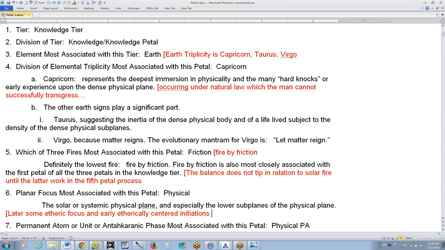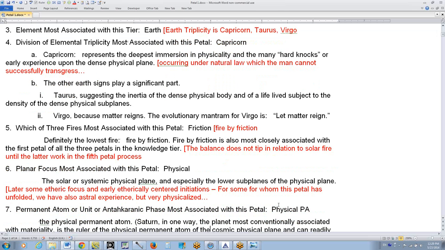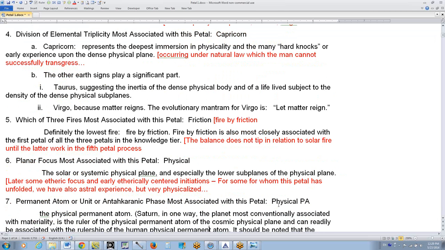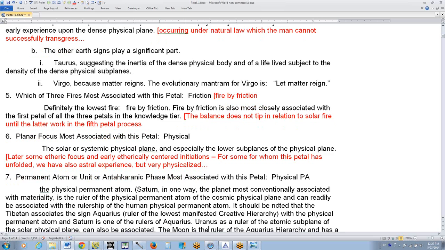And for some of the people in whom this petal has unfolded, we have also astral experience, but very physicalized. The astral plane is a kind of replica of the physical plane, and DK says when you're dealing with phenomena that show replication of the physical plane, it's going to be astral phenomena. The permanent atom most associated with this petal, obviously the physical permanent atom.